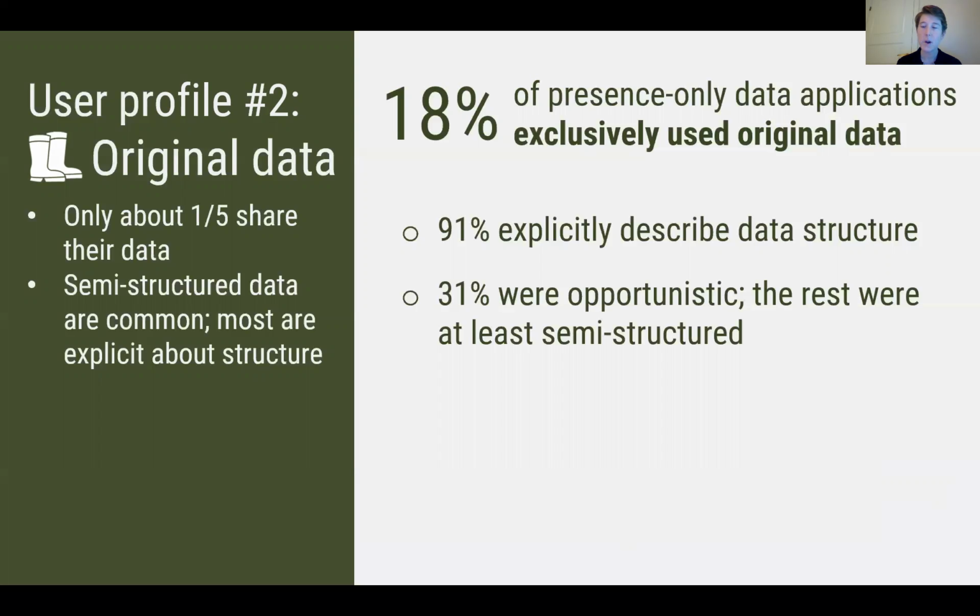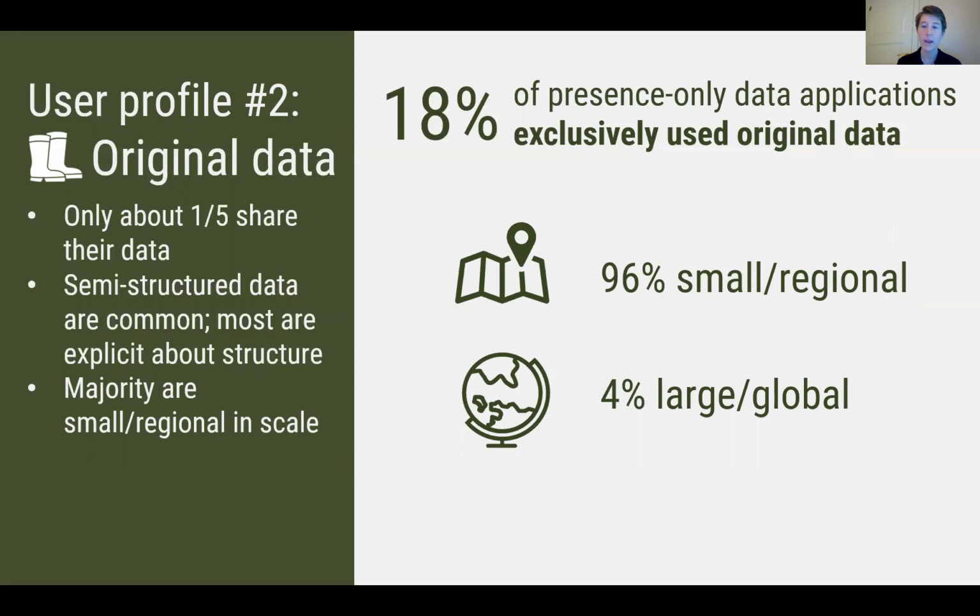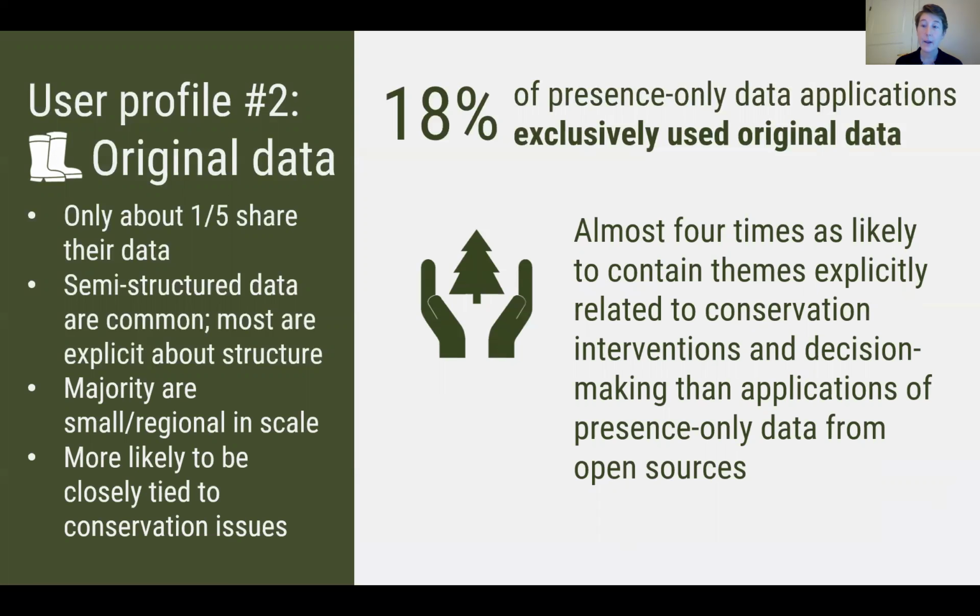Most had some level of structured sampling design. The vast majority of these studies are small or regional in scale. And on a potentially related note, articles that relied on original presence-only data were almost 4 times as likely to be directly related to conservation, interventions, and decisions than those with data from open sources.